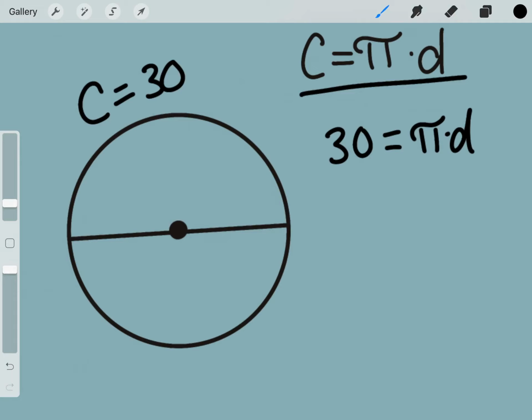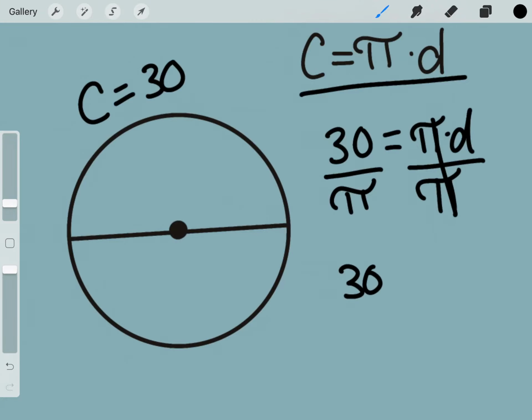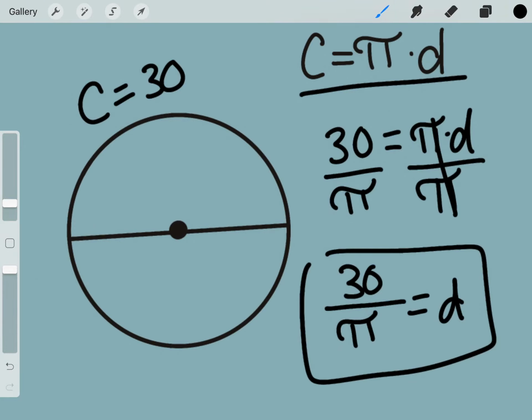What could I do to get D isolated on the right side of the equation? I can divide by pi on both sides. So in this situation, pi cancels out, and the answer in terms of pi is 30 over pi. You can do that on a calculator, but for our purposes, I wanted to keep our answers in terms of pi, so it would just be 30 over pi as our final answer.